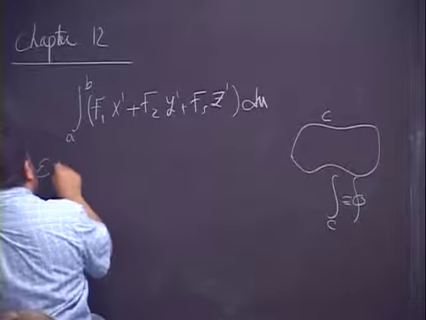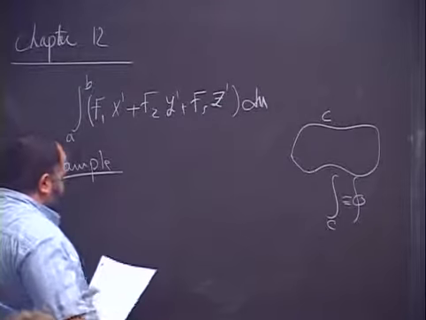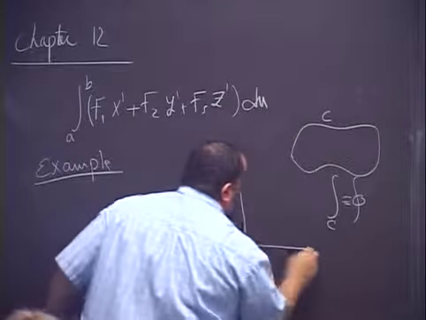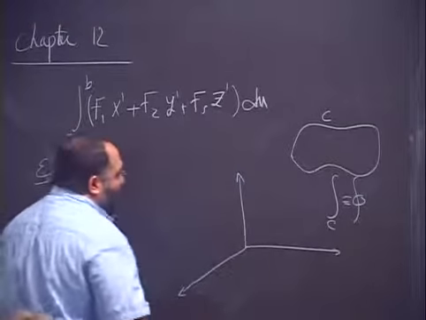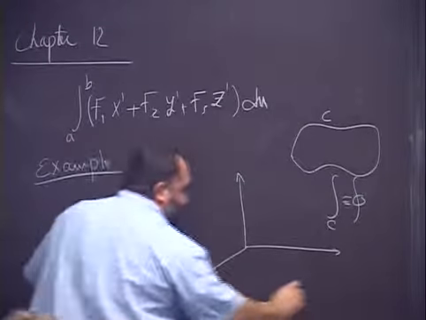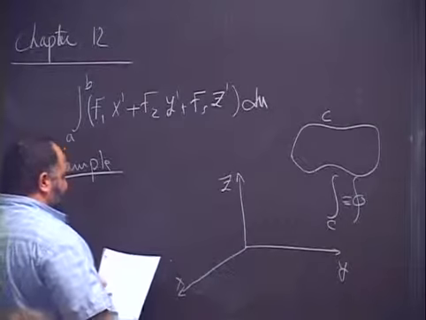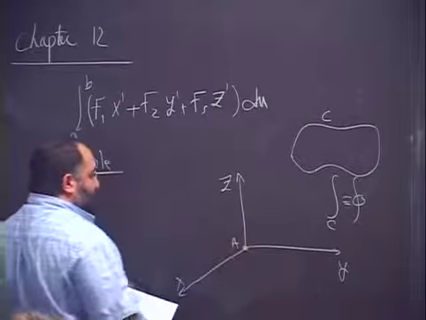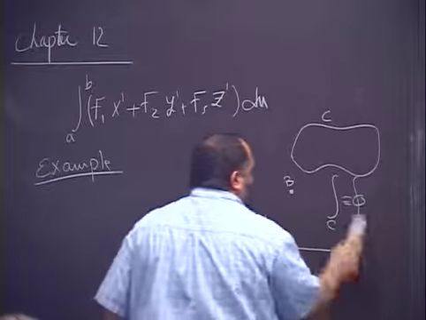So let's take an example. In this example, let's assume that I have two functions or two curves. So this is x, y, and z. And then let's assume that point A, the start of the curve, is here, and point B, the ending of the curve, is here.